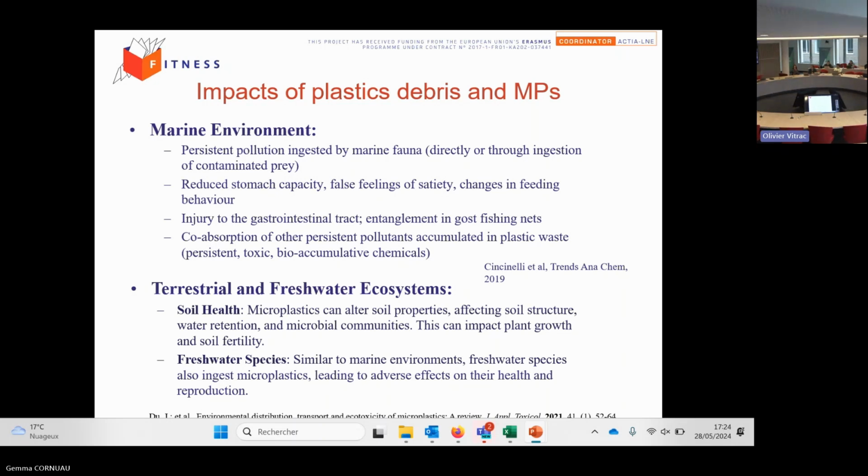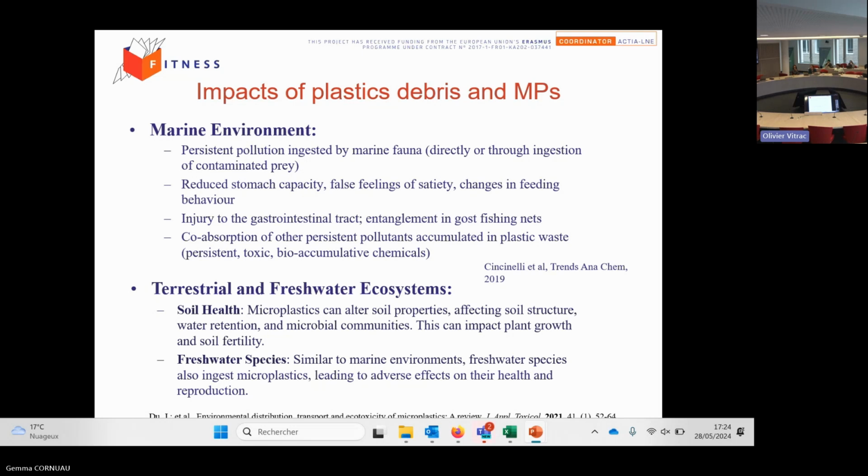In the terrestrial and freshwater ecosystem, you can have the same effects. And on top of it, for the soil health, it was already shown that microplastics can alter the soil properties, affect the soil structure in its water retention, and also change the microbial communities, so the different species you can find in soils. It was shown that when you have a lot of plastics in a soil, the diversity of the microbial communities is decreasing.